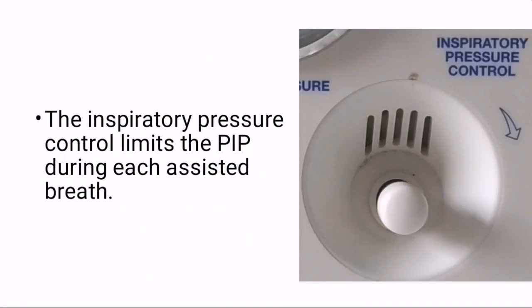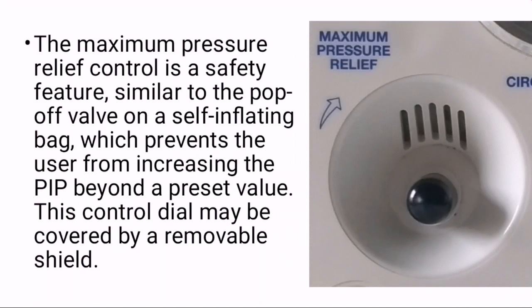Here you can see this is the inspiratory pressure control valve. This valve helps in deciding the PIP, and this is the maximum pressure relief. This valve is like the pop-off valve which we have on the AMBU bag. The pop-off valve has a limit at around 30 to 40 centimeter water, beyond which it will not provide pressure.